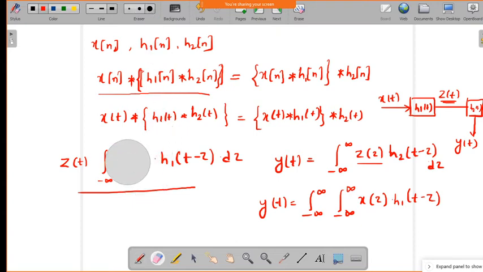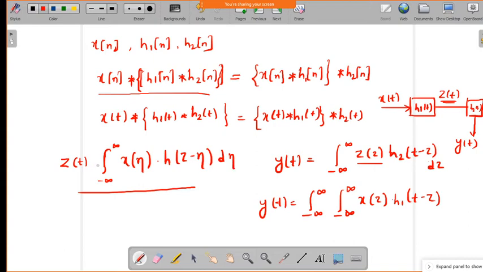So we'll take eta: the integral from minus infinity to plus infinity of x of eta into h1 of tau minus eta d eta.